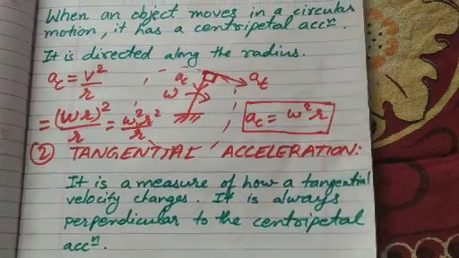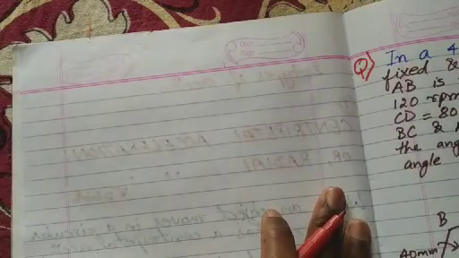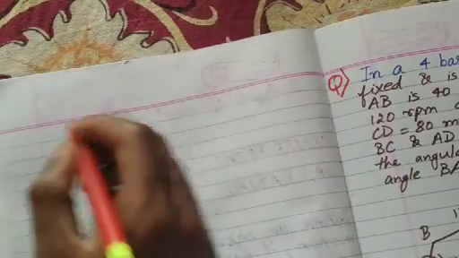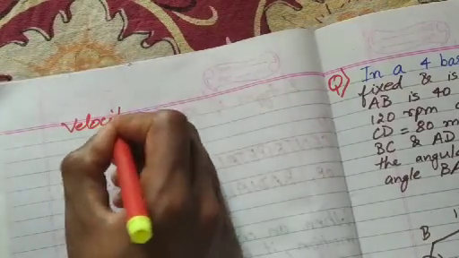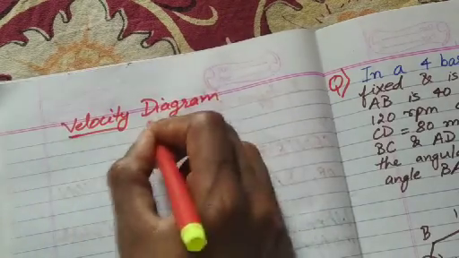Now next we will see how to draw a velocity diagram, that is, the velocity diagram of any link.